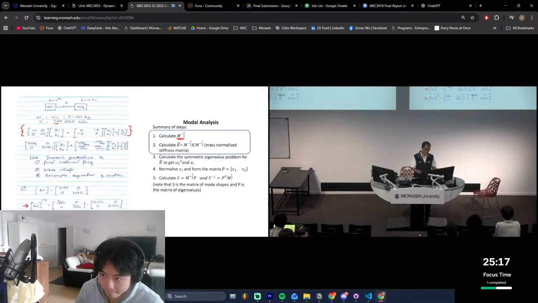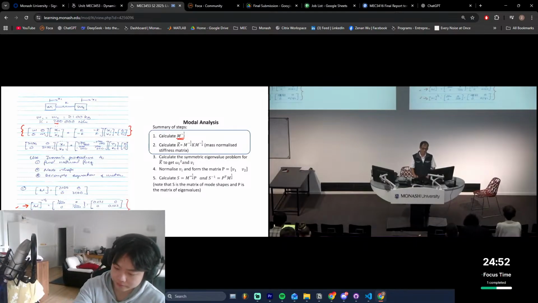In the final assessment, if you do get a question like this, I will only require you to use it. I do not need you to do any of those Cholesky decompositions. Just make sure that you know how to calculate your inverse square root and the square root of your mass matrix.